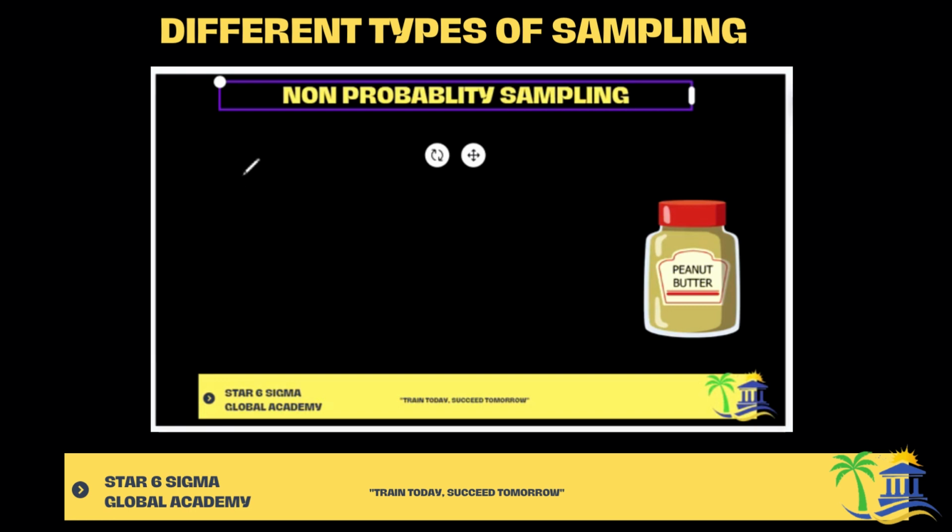In this, let's say we have fruit and vegetables.